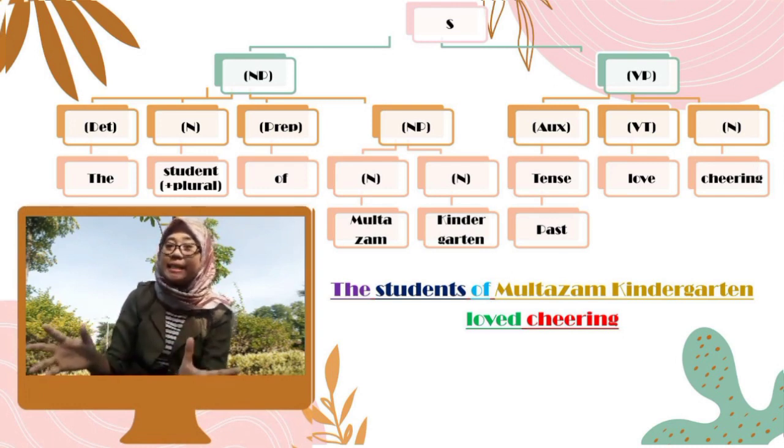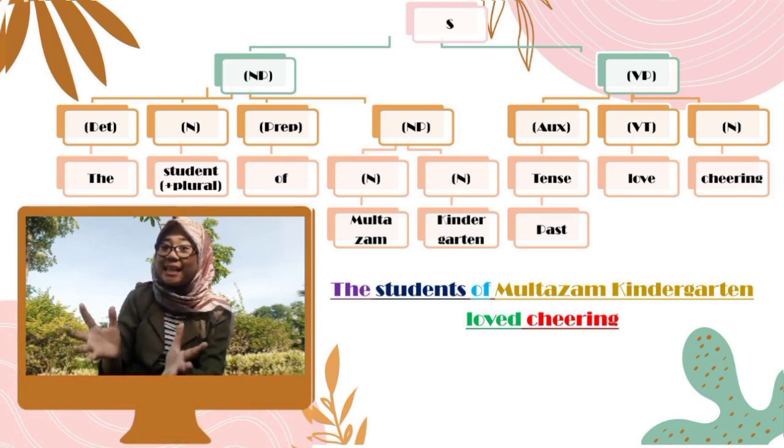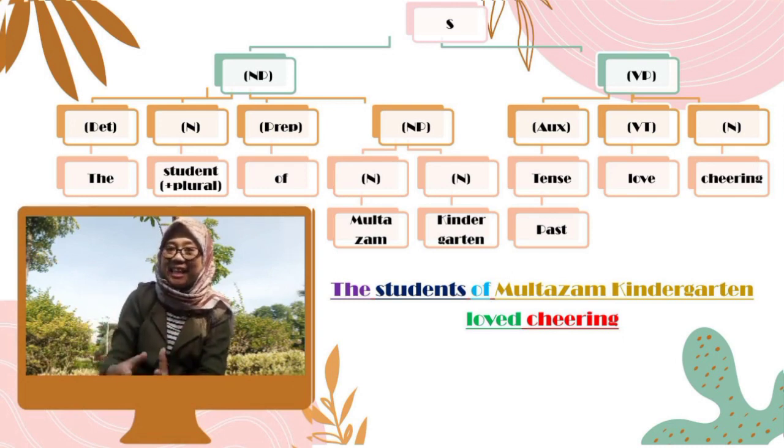The upper one is S, meaning the sentence. The sentence is divided into two parts, subject and predicate, made from a noun phrase and a verb phrase, or we code it as NP and VP.